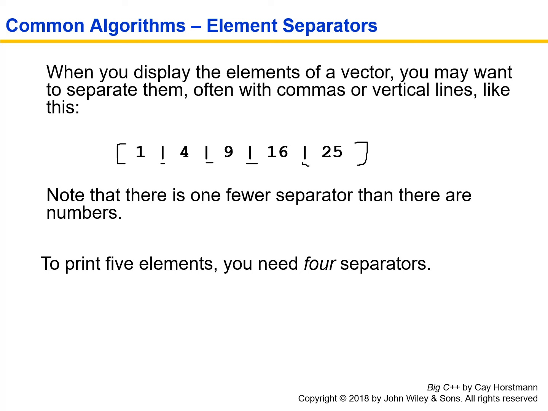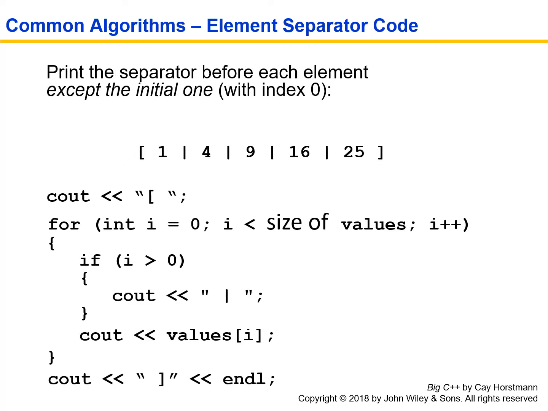To print 5 elements, you need 4 separators, so what we do is we only print the separator if i is greater than 0. Okay, so we don't print the separator before the first element. We do print it before the next one, and before the next one, and so on.